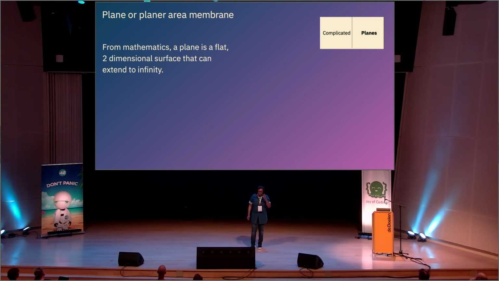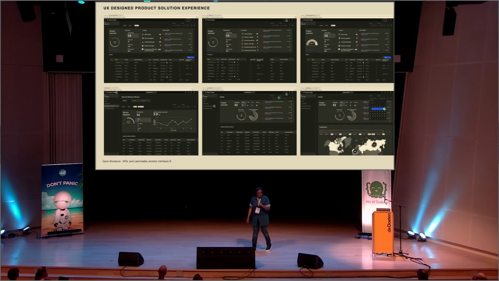Planar membrane area, so this is another membrane. And from mathematics, it's flat and it extends into infinity. So if you're looking at something at a two-dimensional level, how would that relate to your problem? So for me, this is what I spend my time doing. These are the kind of planes within certain resolution that I'm defining and that eventually I'm going to give to my development team to build.